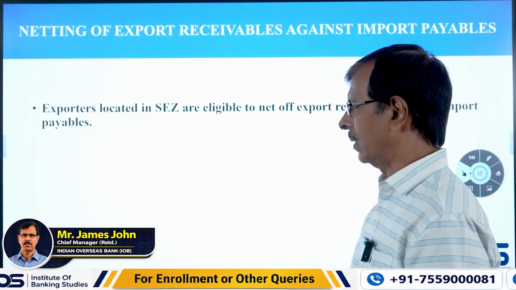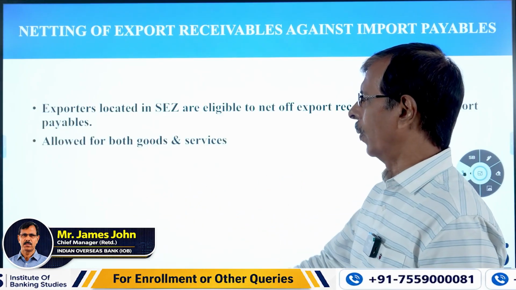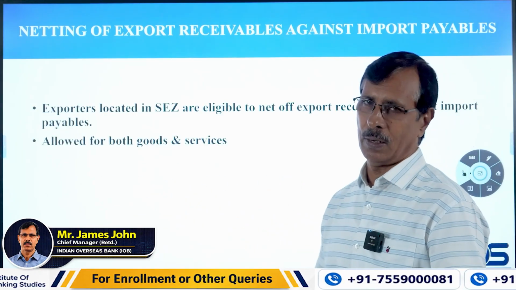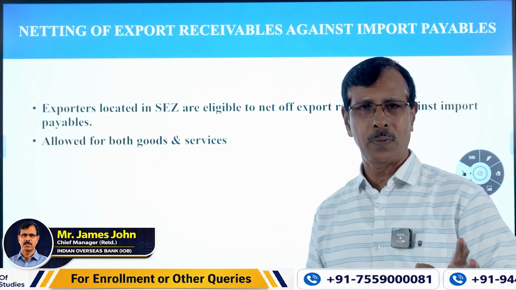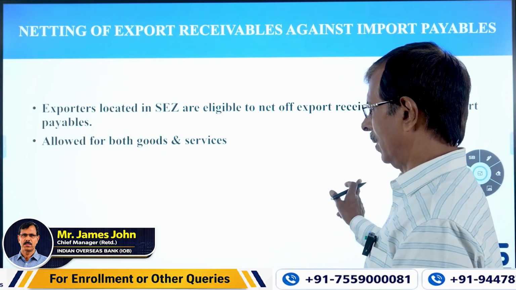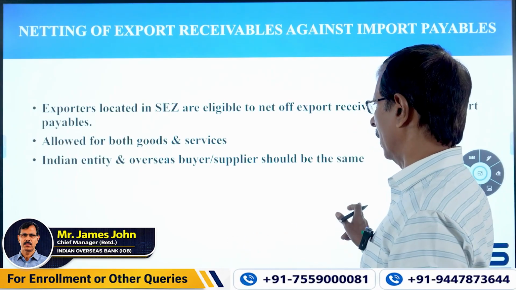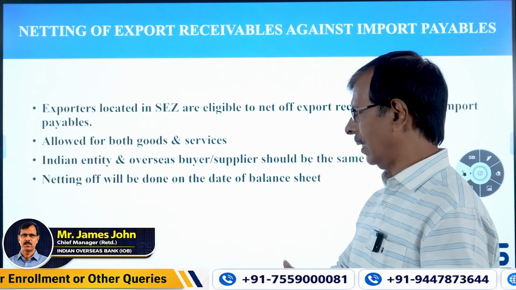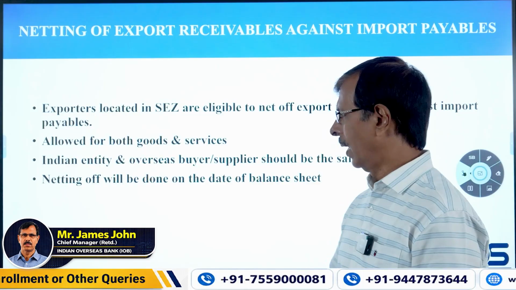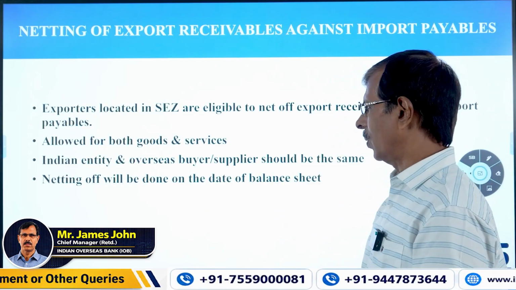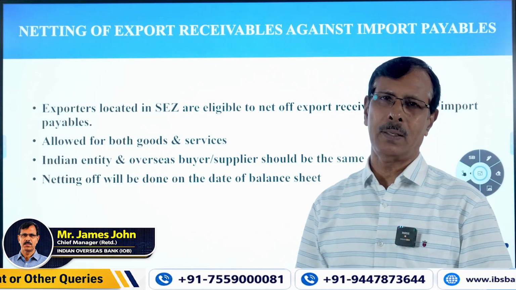They get some benefits. Those units alone are allowed to net off for both goods and services of export and import. The Indian entity and overseas buyer or supplier should be the same, as is the case for set-off also. Netting off will be done as on the date of the balance sheet.